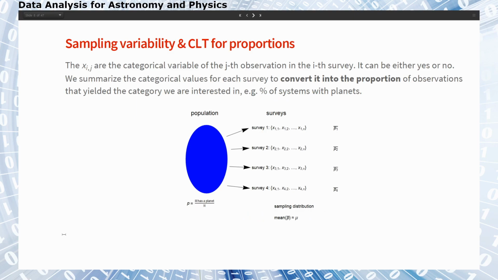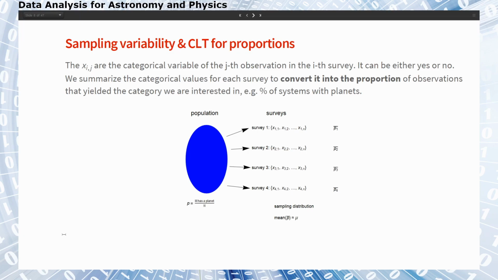And we do this by converting the yes and no's for every sample data into a proportion of observations in this sample that were member of a category that we are interested in. So for example, from a list of 10 out of 20 systems with a planet, we compute the proportion of 50%.